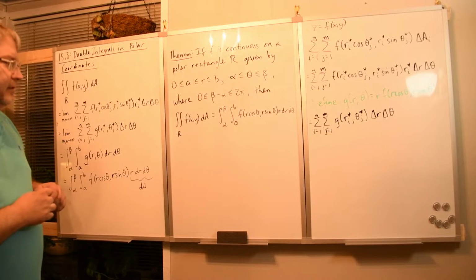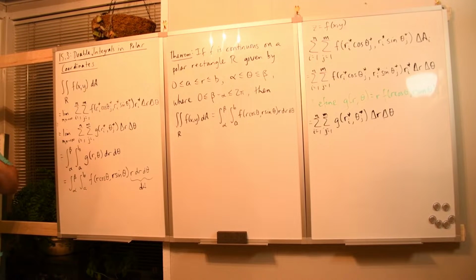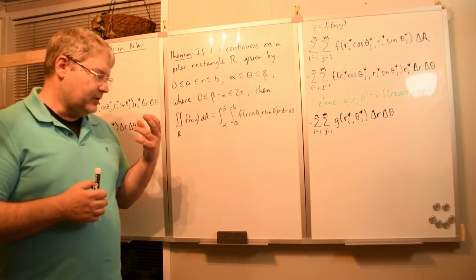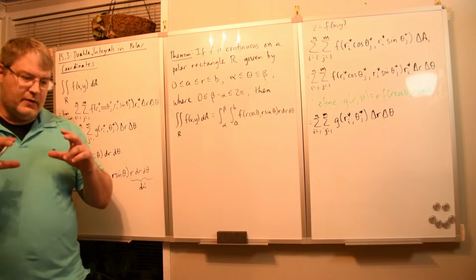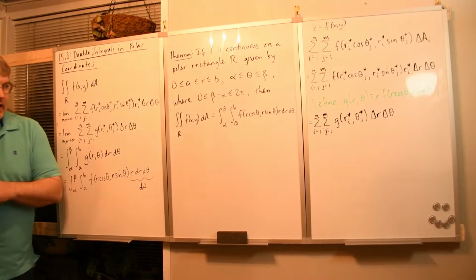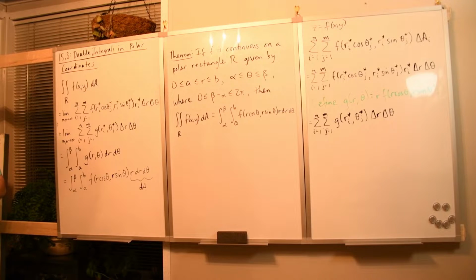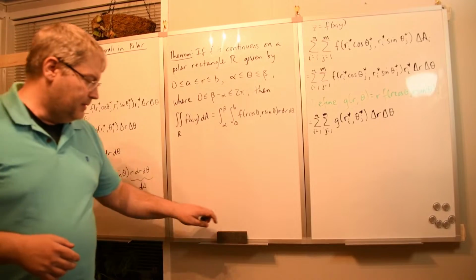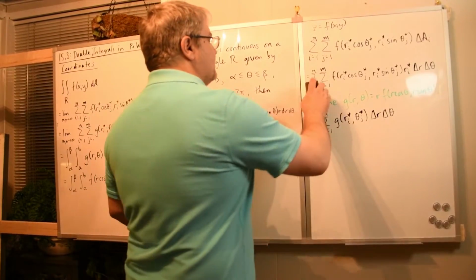And when you're doing these conversions from rectangular to polar coordinates, one of the things I've noticed that sometimes gives people a little bit of trouble is, how do I take this region and describe it in terms of the bounds on r and theta? So we're going to be taking a look at several different examples, and we'll get some practice with the ins and outs of these types of problems.